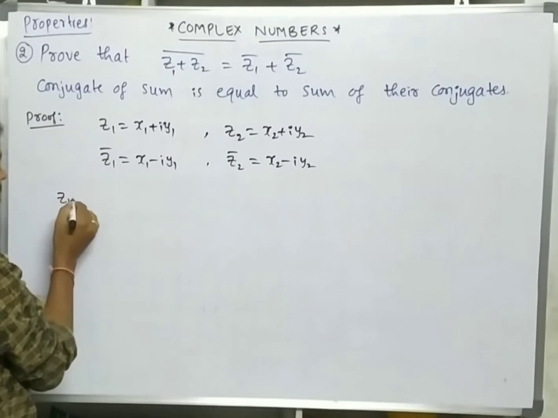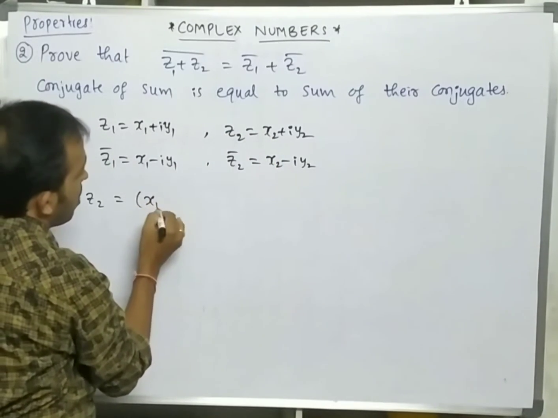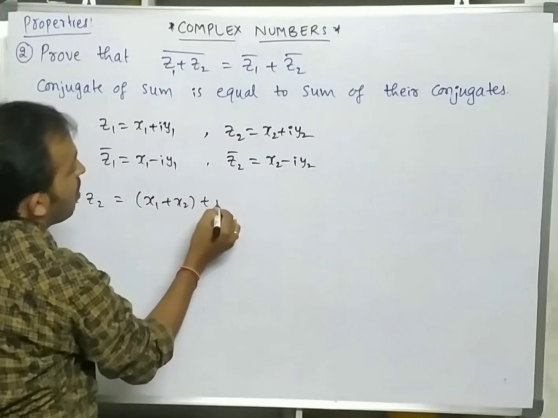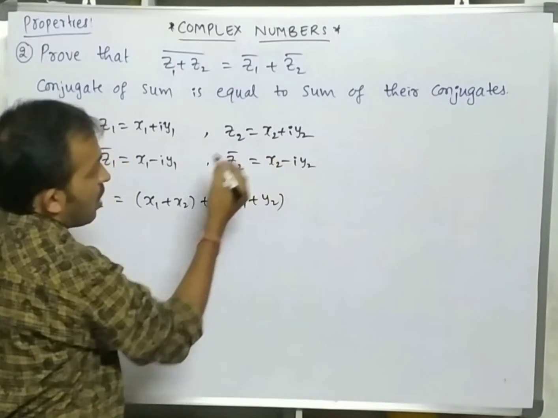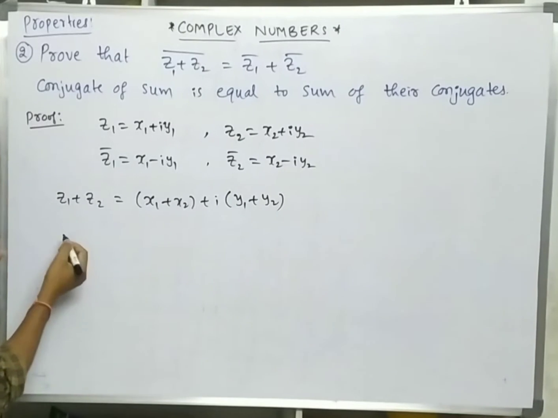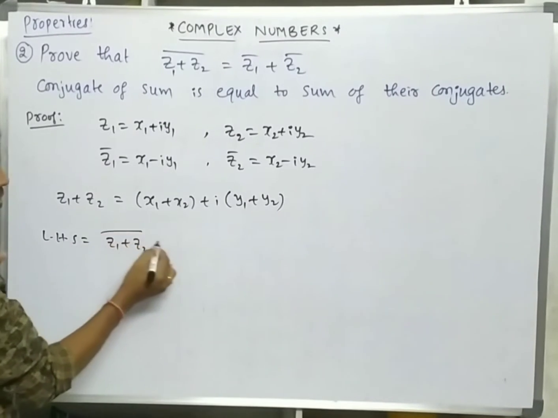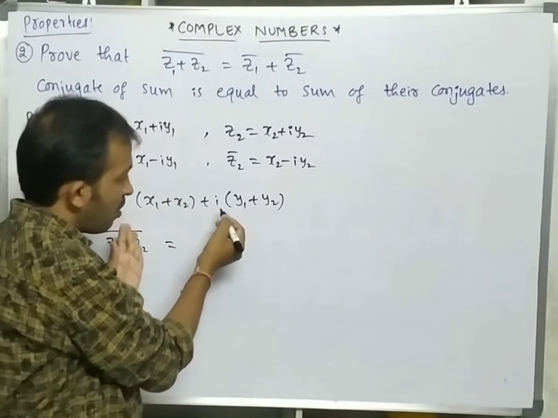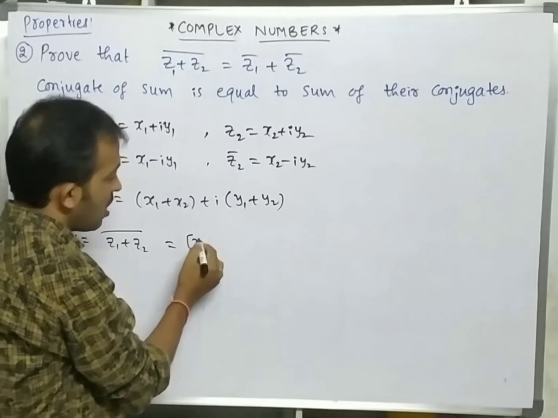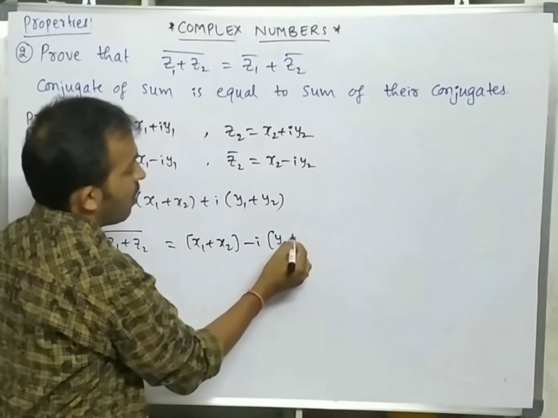Now z1 plus z2 is equal to what? Just the sum of these two complex numbers, that is x1 plus x2 plus i into y1 plus y2, the sum of real parts and sum of imaginary parts. Now take the left hand side, that is conjugate of z1 plus z2. Apply conjugate to this one, replace i with minus i, we will get x1 plus x2 minus i into y1 plus y2.